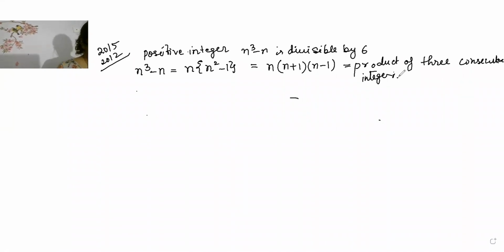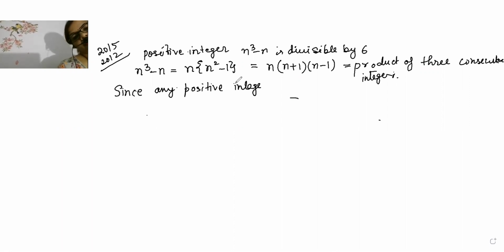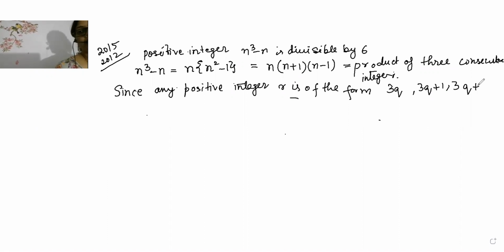So first what we will say since any positive integer, very good Janani, any positive integer r is of the form 3q, 3q plus 1 or 3q plus 2. So any positive integer r is of the form 3q plus 1, 3q plus 2.